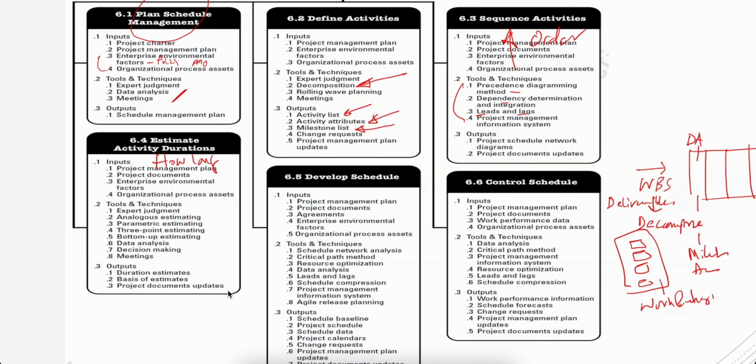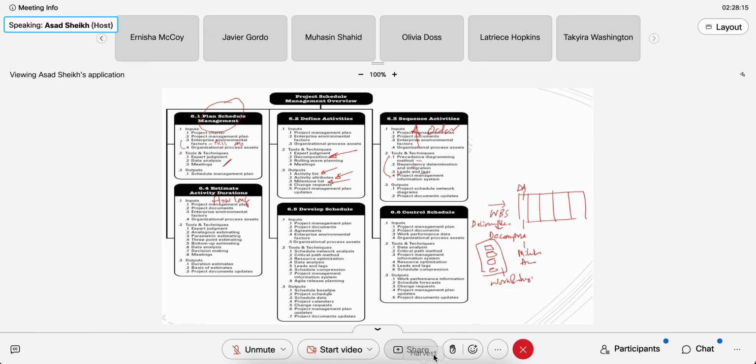After you sequence it, then you estimate the time it's going to take for each of those activities. It's sort of falling into place in the right sequence. Okay, so once you know the durations of each activity, you can start to build your schedule. And I'm going to show you an easy way of doing that.